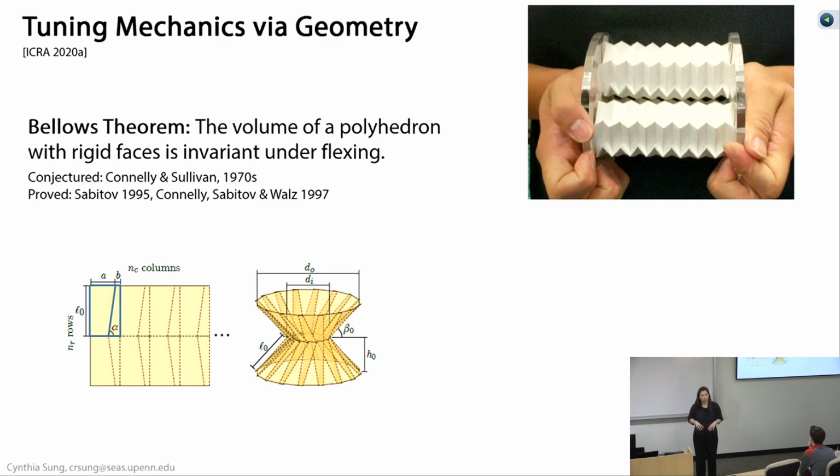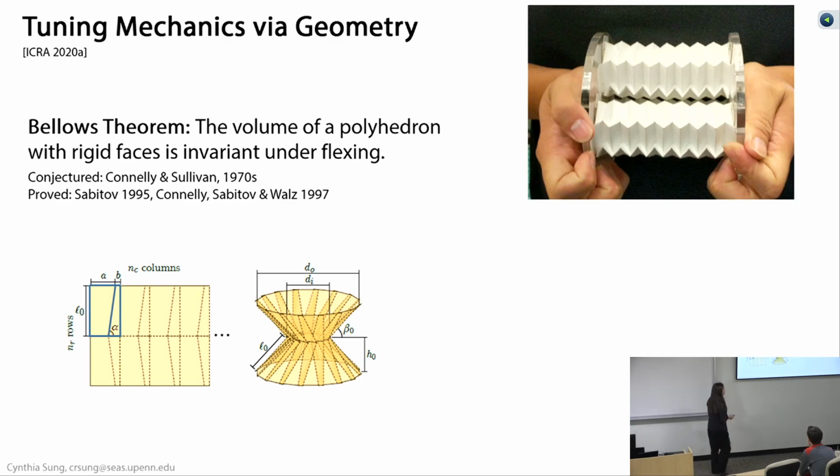Then the volume becomes fixed. So the implication here is that if you have a polyhedron and you want to change its volume, then inherently the faces have to flex, right? And because materials resist deformation, then now what we can do is actually use the flexing of the faces, a geometrical parameter, in order to estimate the mechanics response, right?